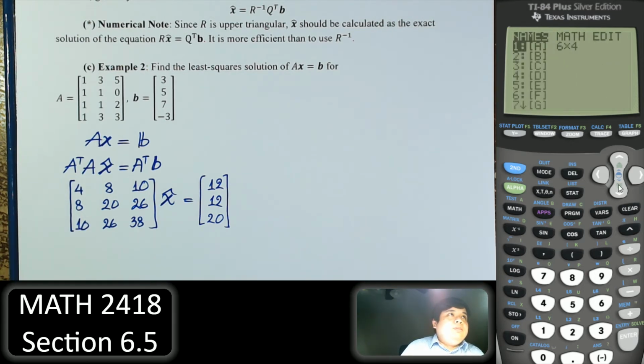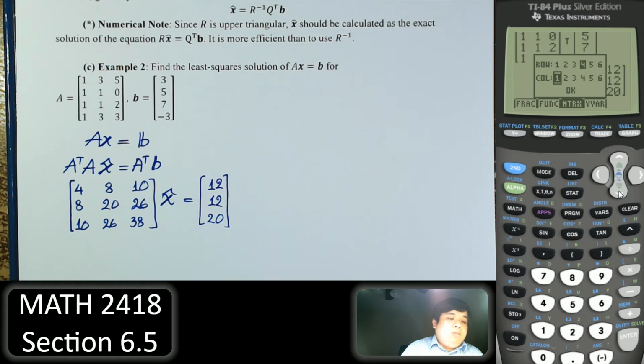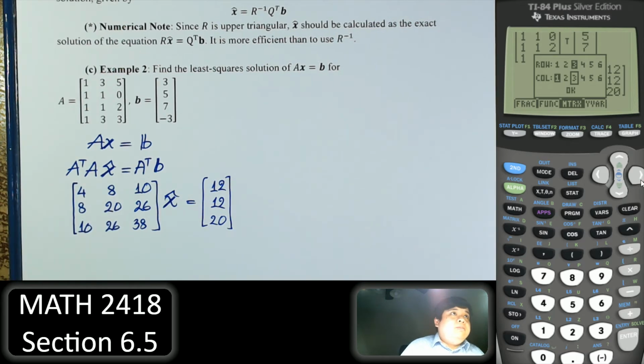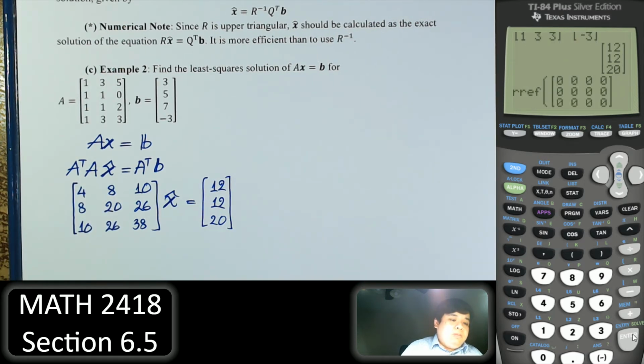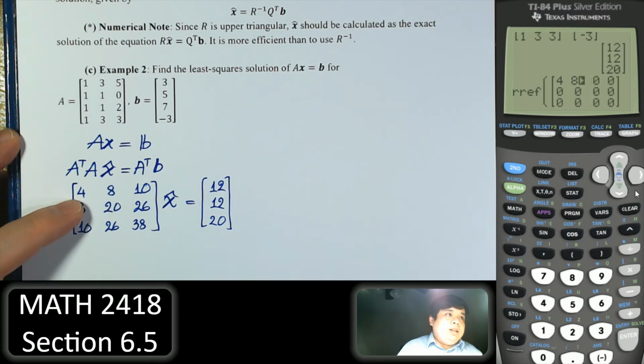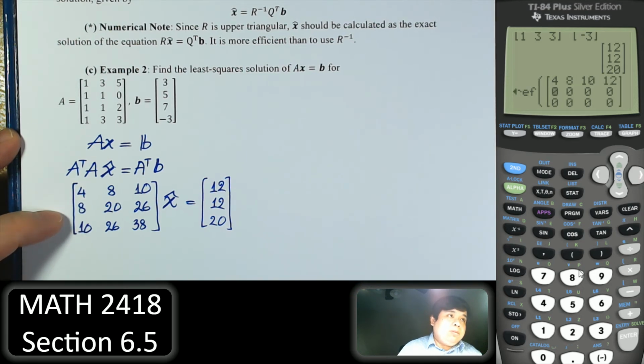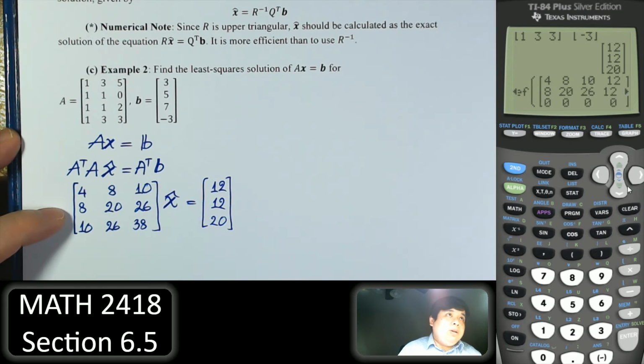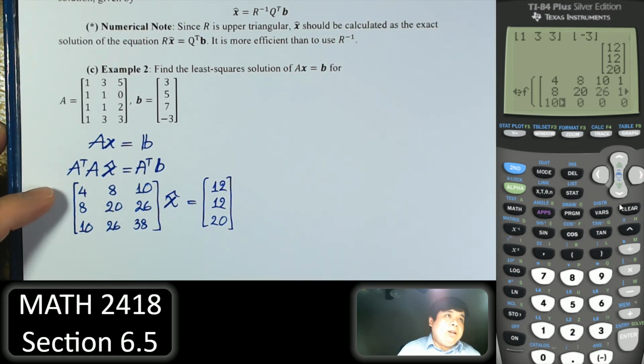Right. Just reduce to echelon form of this system: 4, 8, 10, 12; 8, 20, 26, 12; 10, 26, 38, and 20.